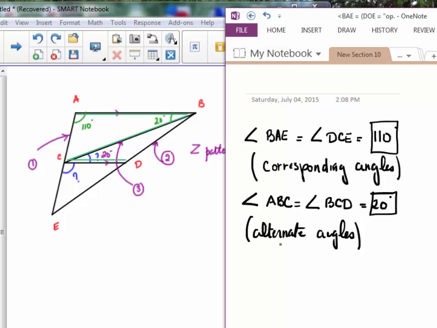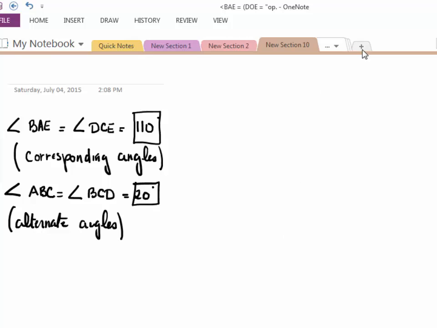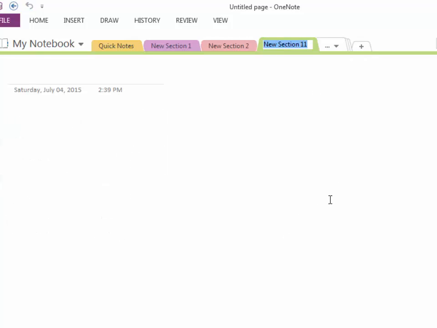They are not equal, but they are supplementary. Their sum equals 180 degrees. The last question now: can we find two interior angles that are equal? We are saying they are supplementary. Do you think there is a way to find two interior angles that are equal?